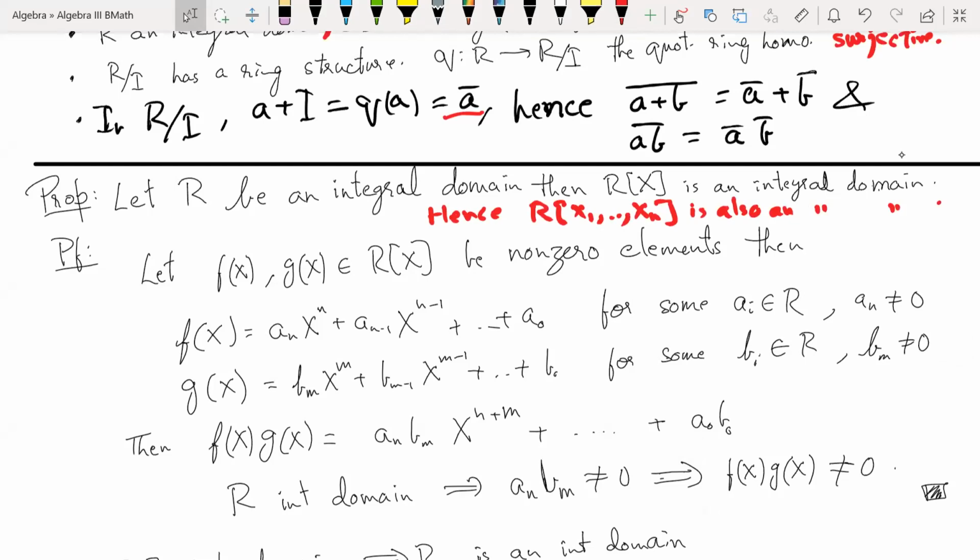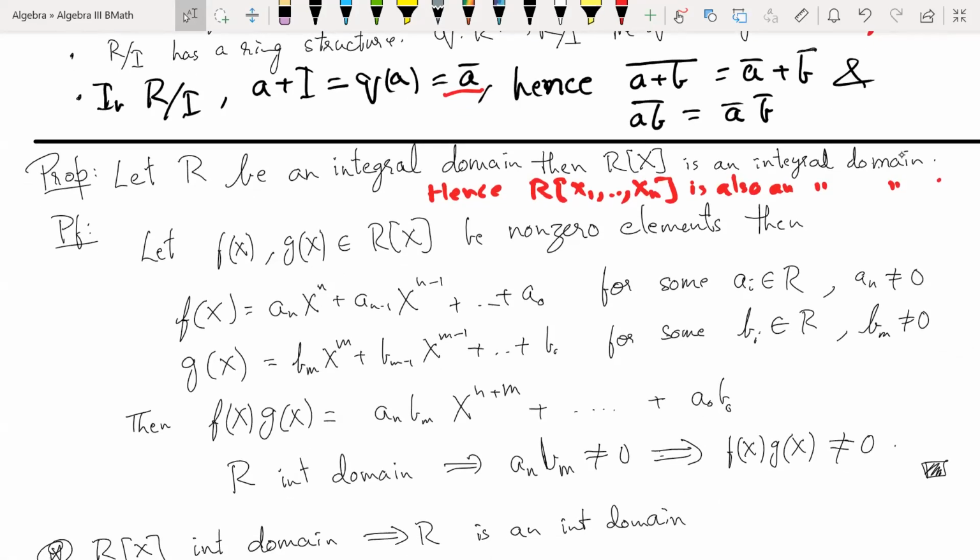Once R[x] is an integral domain, you adjoin another variable, you get R[x1][x2], and so on. And the idea is you just take two non-zero polynomials, then their degrees add up if you are in an integral domain.